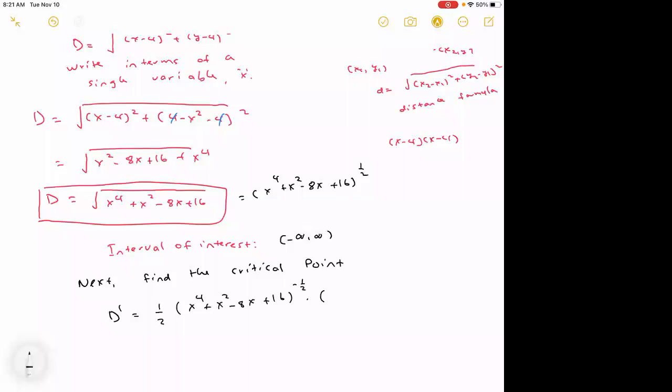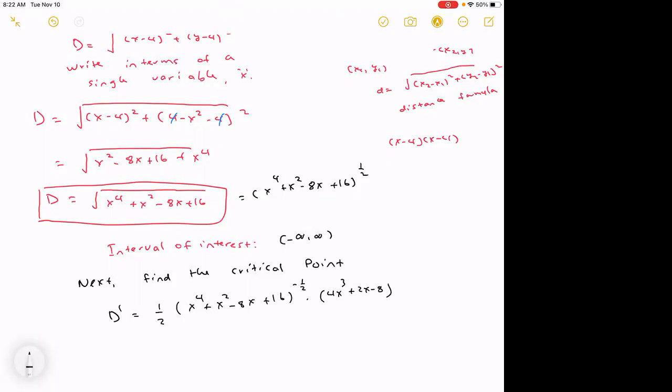Negative 1/2, times, and what is left? Derivative of the inside function, right? 4x cubed plus 2x minus 8. Isn't it? 4x cubed plus 2x minus 8.